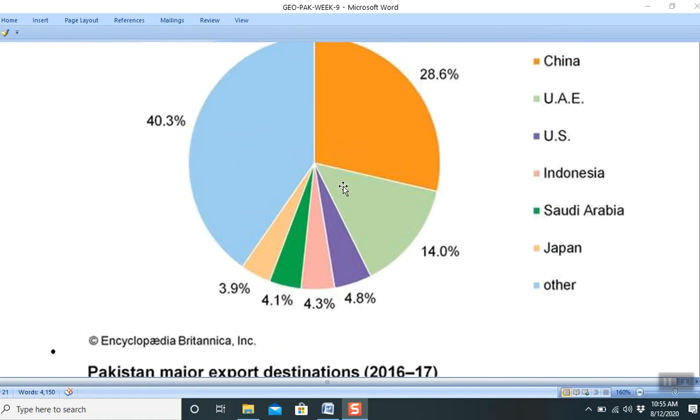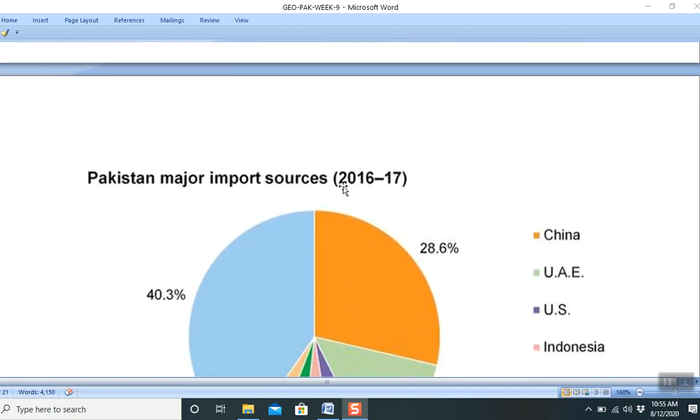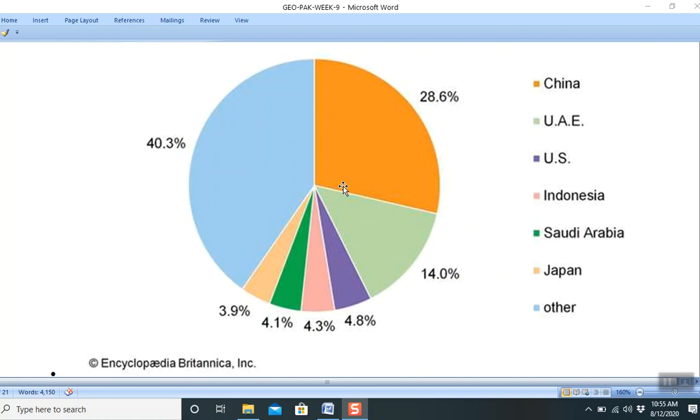These are the major import sources, the countries that import things to Pakistan.